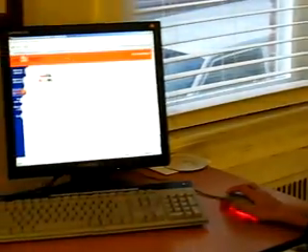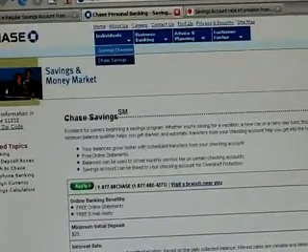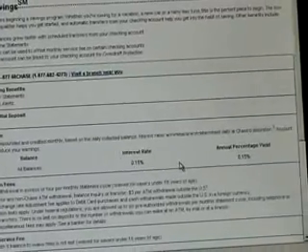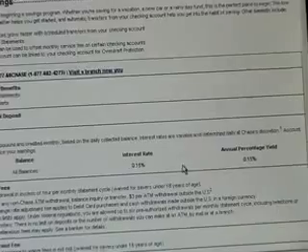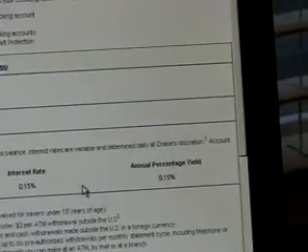Let's look at another bank. Right now we're looking at Chase. I already pulled up the site, Chase Savings, and it tells me right here that on all balances I'm going to be receiving 0.15%. Now that number looks very different from the ING number. However, this is what you're going to be receiving per month, 0.15% per month.